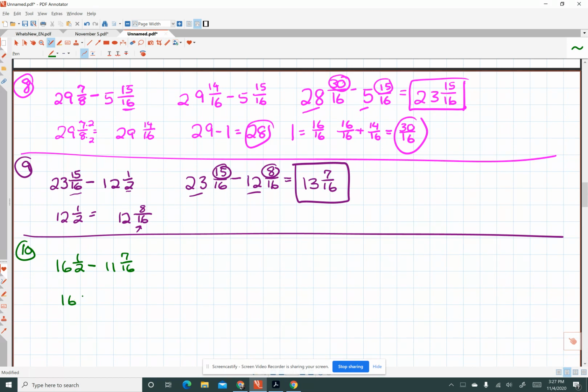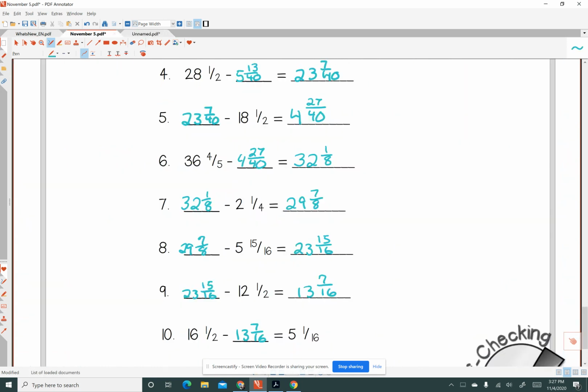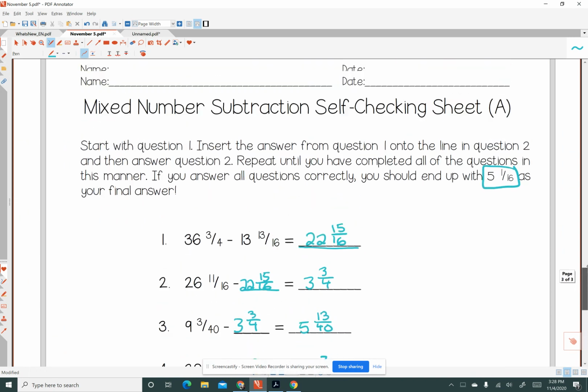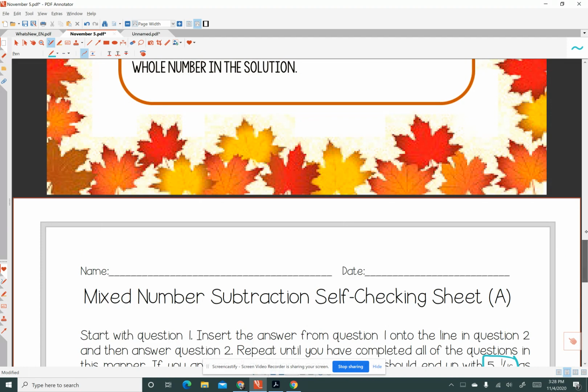So instead of 1/2, we'll have 8/16, just like we did in the last problem, minus 11 and 7/16. 16 minus 11 is 5. 8 minus 7 is 1/16. That's a final simplified answer, and our answer checks. So let's go back to our exit ticket.